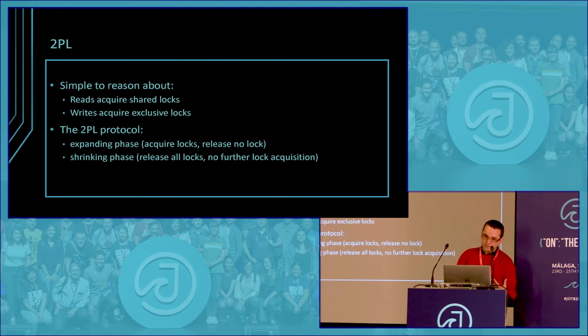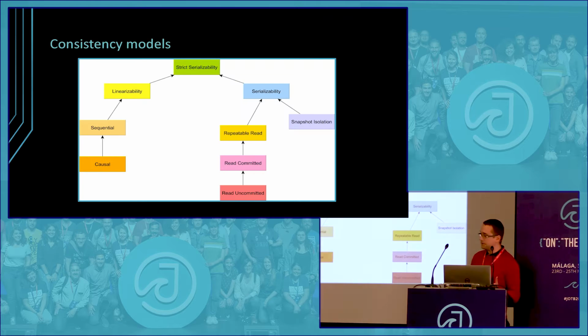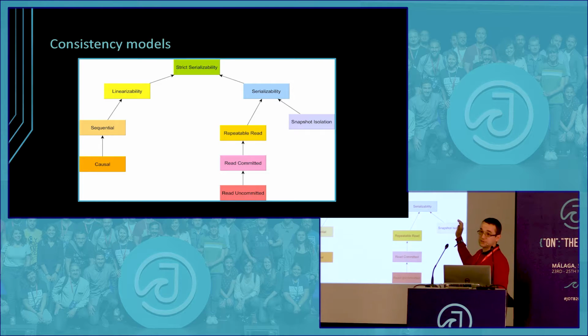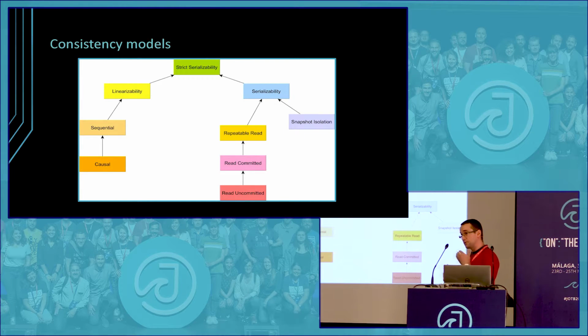So what does it give you? When you use two-phase locking, what you gain is not only serializability, you actually get strict serializability, which means that it's also linearizable. Because this is how the consistency models look. On the left, you have the models which tell you how you interleave reads and writes and what anomalies you might get if you go below serializability.